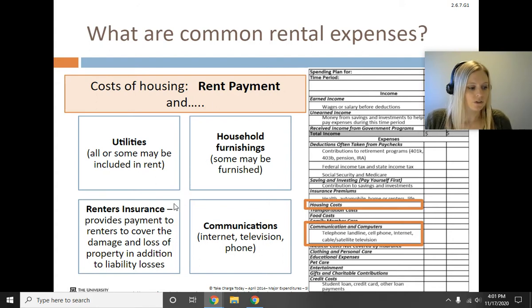It may also include renter's insurance that you would pay for to cover a loss, either by way of theft or fire or whatever, from any of your personal belongings inside that rental unit. And then finally, communications. So your internet, TV, phone, things like that.